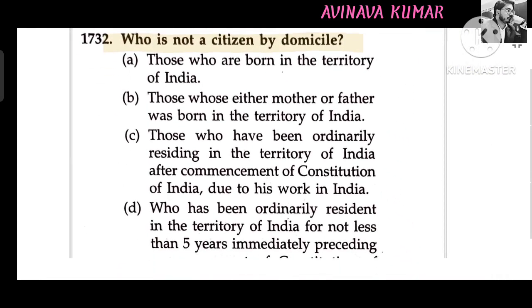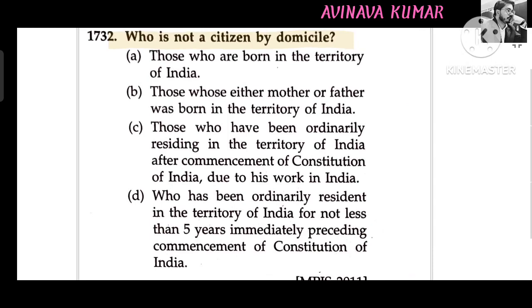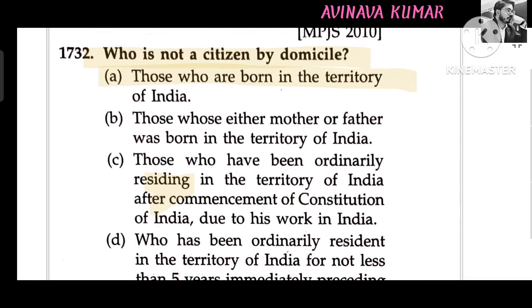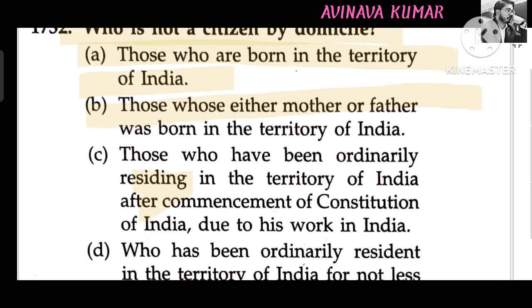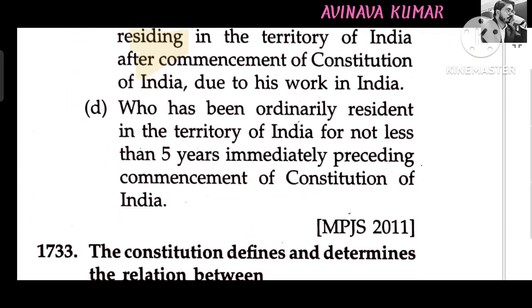Who is not a citizen by domicile? Those who are born in the territory of India, those whose mother or father was born in the territory of India, and who have been ordinarily resident in the territory of India for not less than 5 years immediately preceding the commencement of the Constitution of India.